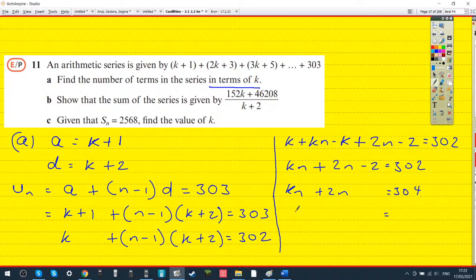So factorize n. K plus 2. Yeah. Now make n the subject. N equals 304 over k plus 2. That's it.